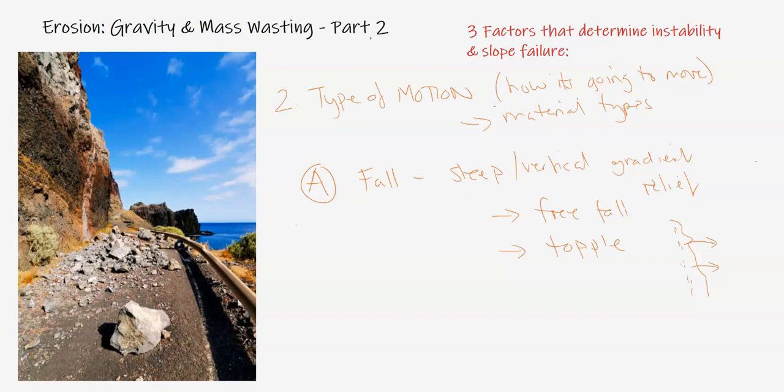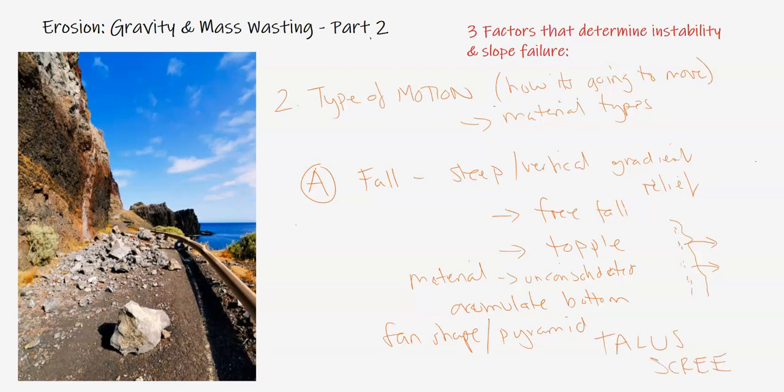And once the material falls, generally it's unconsolidated, and this material is going to accumulate at the bottom, wherever the material stops falling. This accumulation usually occurs in a fan shape or a pyramid kind of shape, and this is called talus, or in some cases it's called scree.